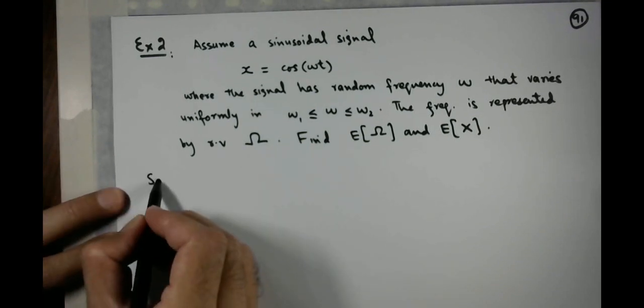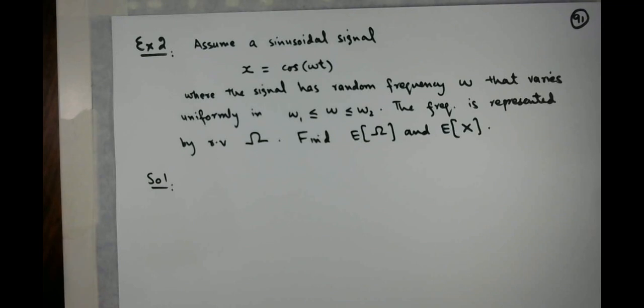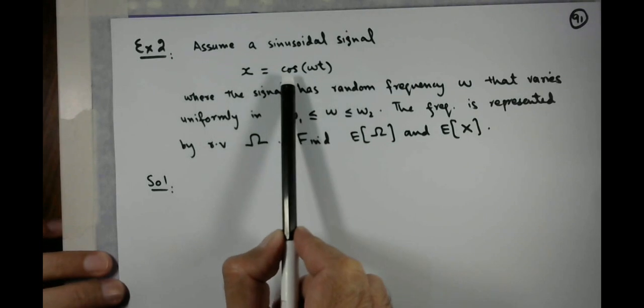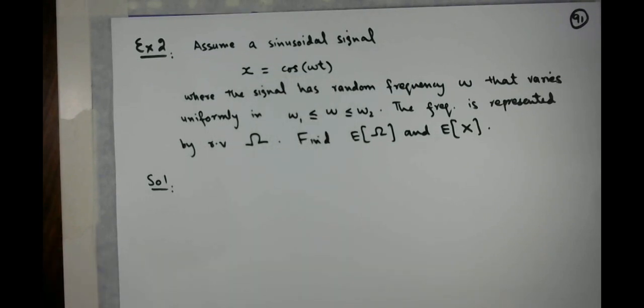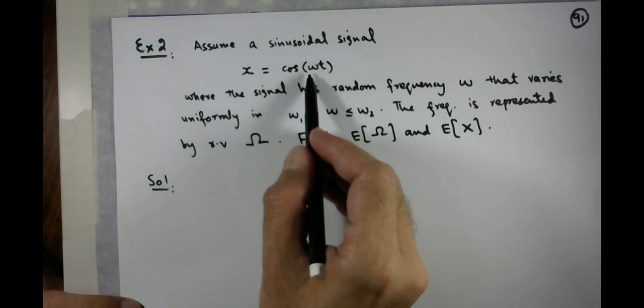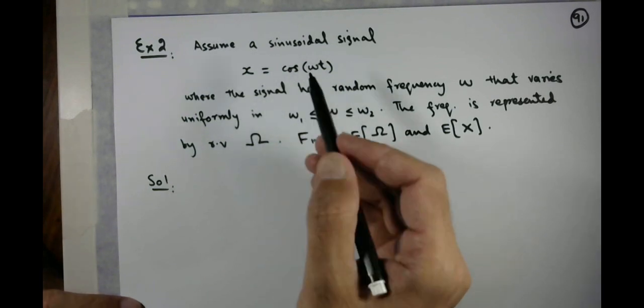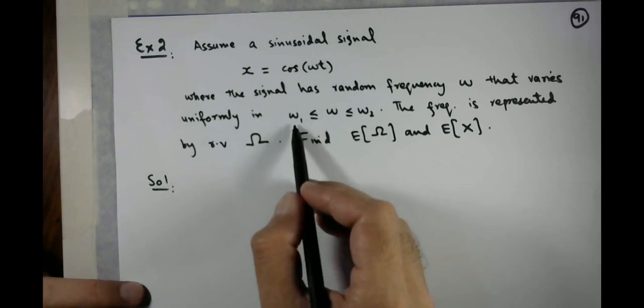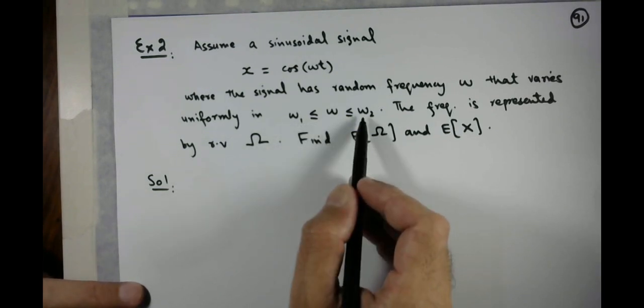So this is an interesting question. We have a sinusoidal signal x that is varying in a cosinusoidal form with respect to time, and the frequency is omega, that is a uniformly distributed random variable between omega 1 and omega 2.